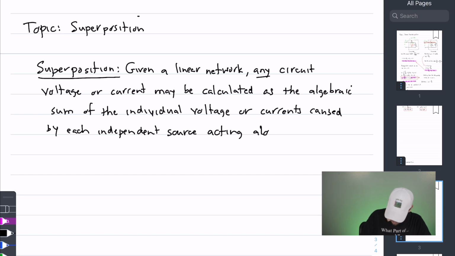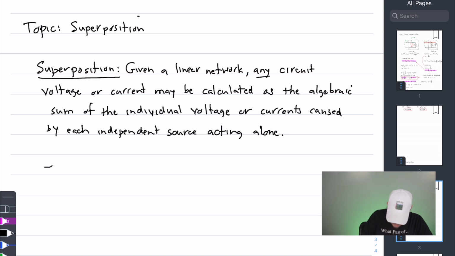Now, in terms of the wording, there are a few things that I really need to bring to your attention because there are certain limitations. The first one is only independent sources may be shut off. You cannot shut off dependent sources. The principle of superposition will not work if you shut dependent sources off.